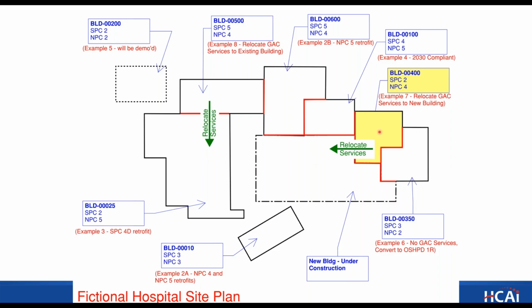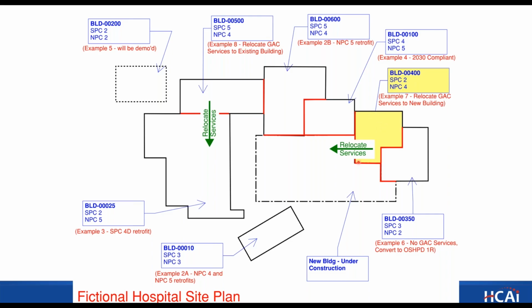So this also will likely have construction for the same reasons as the previous example. If you have egress or utilities, fire alarm, anything that another GAC building requires and is passing through that building you're planning to remove GAC services from, those will need to be moved prior to achieving OSHPD 1R or transferring to a local jurisdiction.